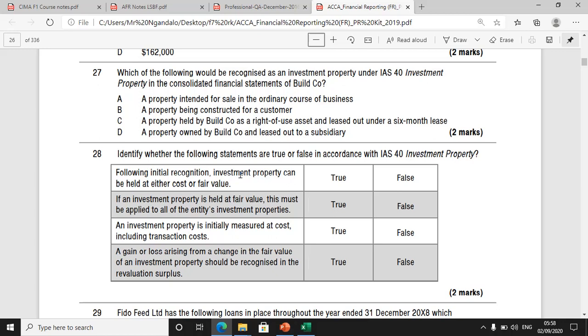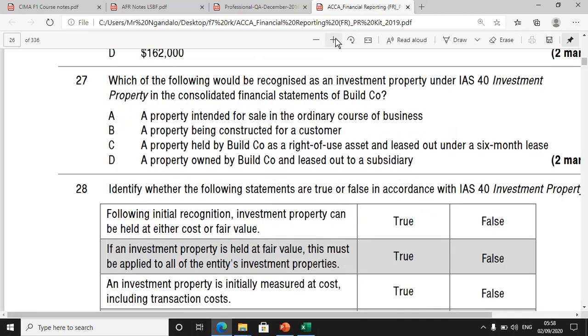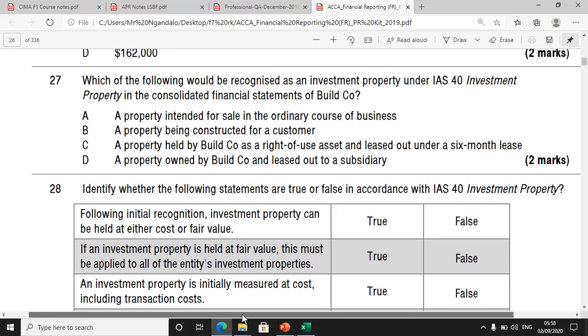Then B says the property being constructed for a customer, that is falling under IFRS 15. Then we have C, property held by Beautyco as a right of use asset leased out under a 6-month lease. That's falling under IFRS 16 Leases. And then we've got D, a property owned by Beautyco leased out to the subsidiary.